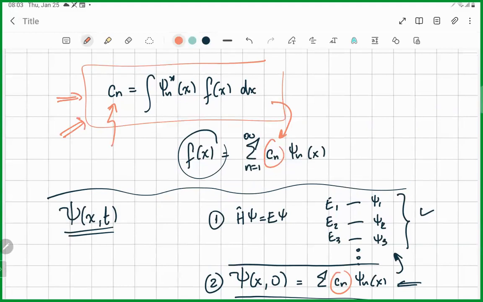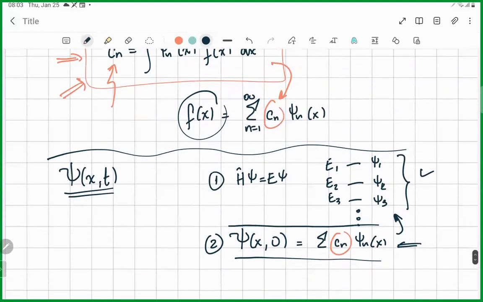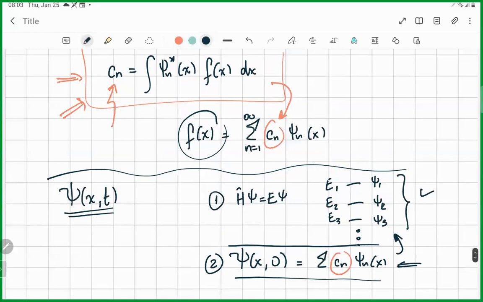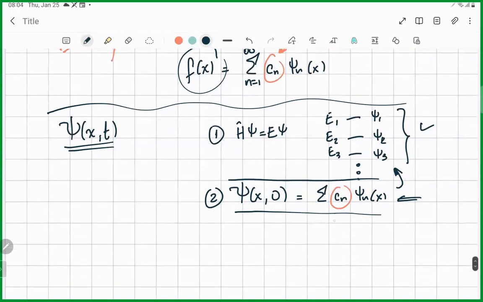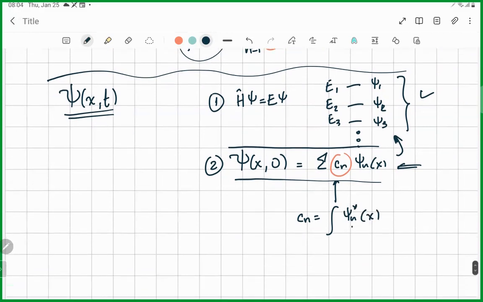In the particular case of the infinite square well, how are we going to find these Cn's? We are going to put the psi n in the particular case. Let me just rewrite this. In the particular case of the infinite square well, this is going to be that solution that we obtained.